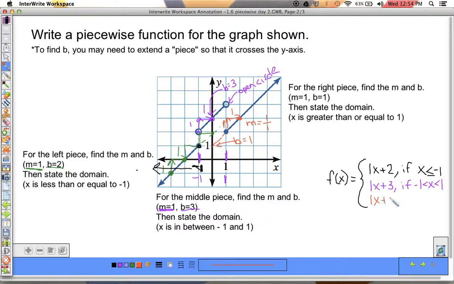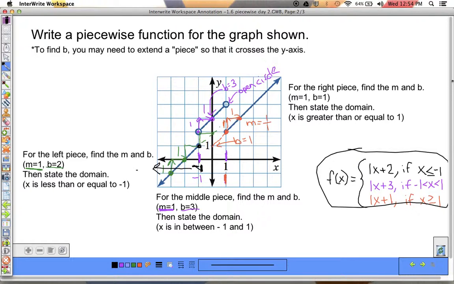I got 1x plus 1 if, and then that filled in circle is at 1. Since it's filled in, it's equal to. And then do you notice it goes to the right? That would be greater than or equal to 1. And then that whole function would be your answer.